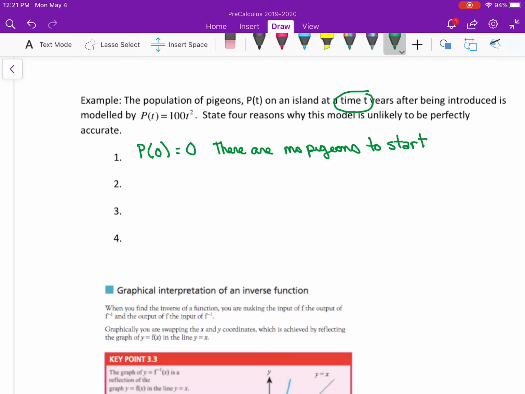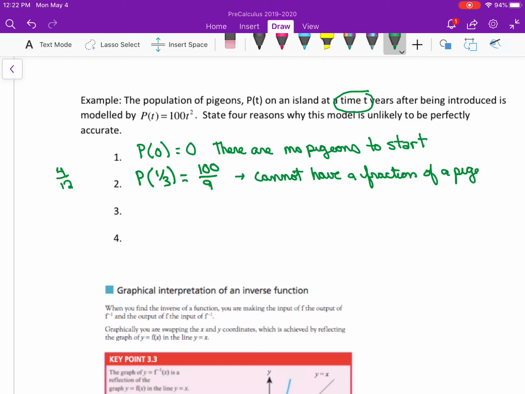T is in years, but if we wanted to look at 4 months, 4 months out of 12 is a third of a year. So if we did 1/3, we get a value that is 100 over 9, and you cannot have a fraction of a pigeon. I mean, I guess you could, but in the real world, we're looking for finite things.